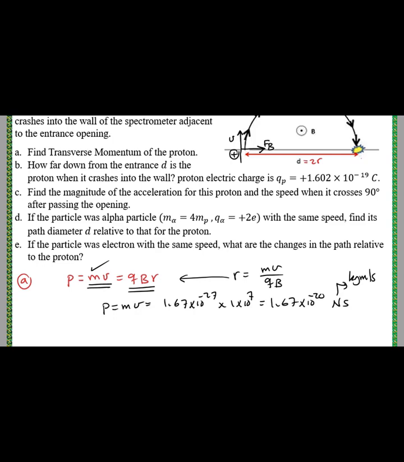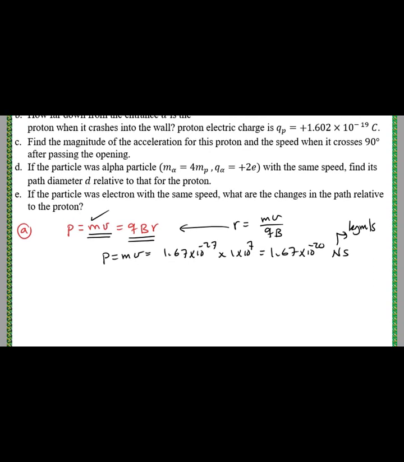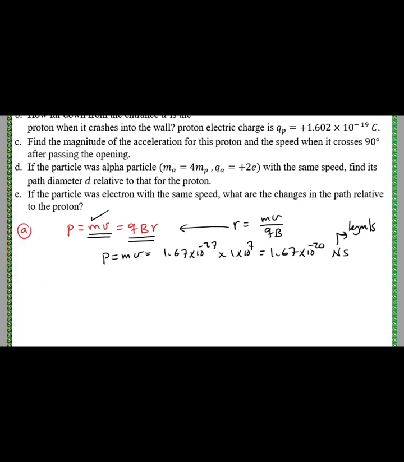Now, how far down from the entrance is the proton, D? Now it is very easy because we have mv equal qBr, or as suggested in the book, r equals mv over qB.